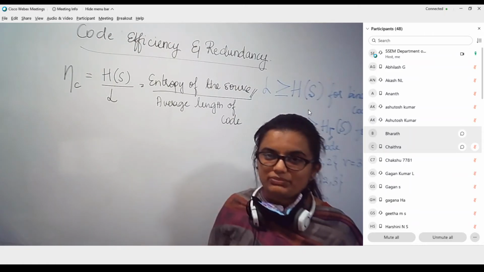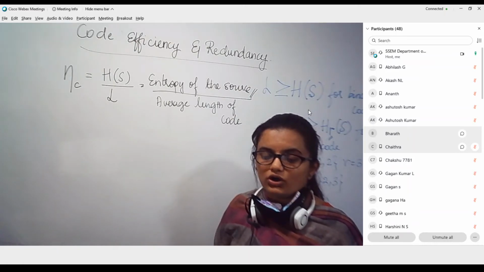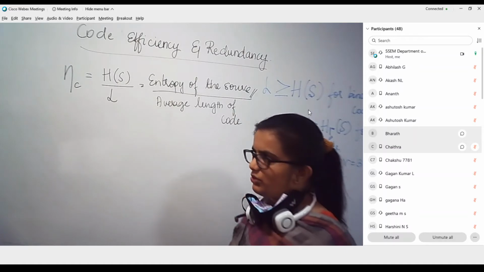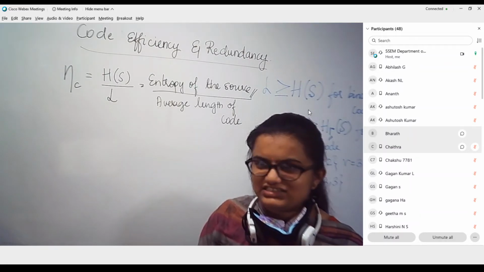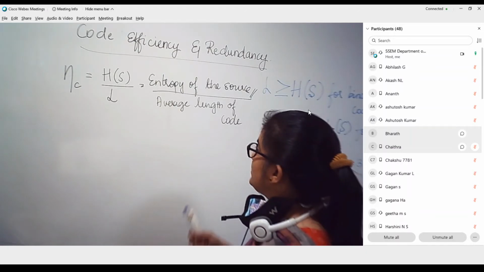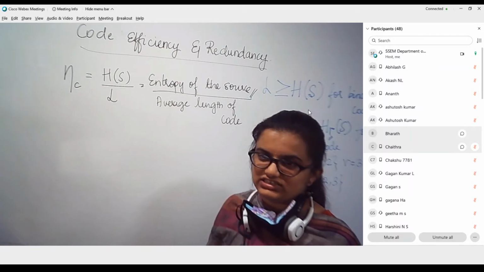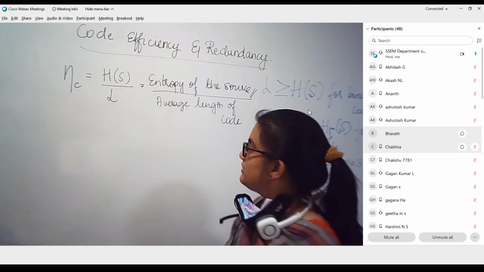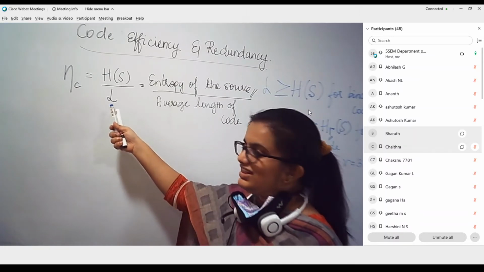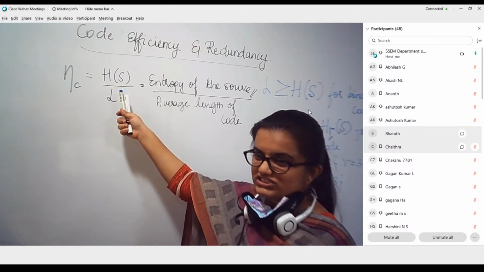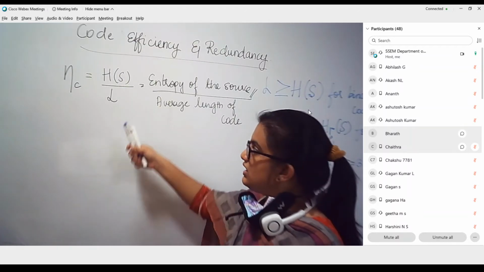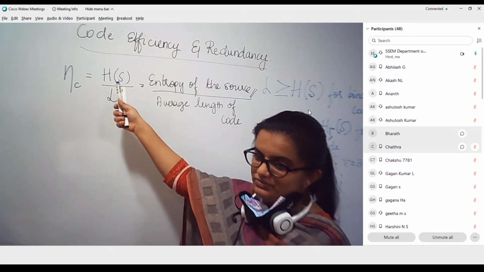Whereas if you come to the practical scenario, not all the symbols are equally probable. They have their own probability statistics. So whenever we have different statistics given to the symbols emitted out of the discrete source, then the average length L will approach H(S) only in certain cases, but otherwise it will be completely different from H(S).